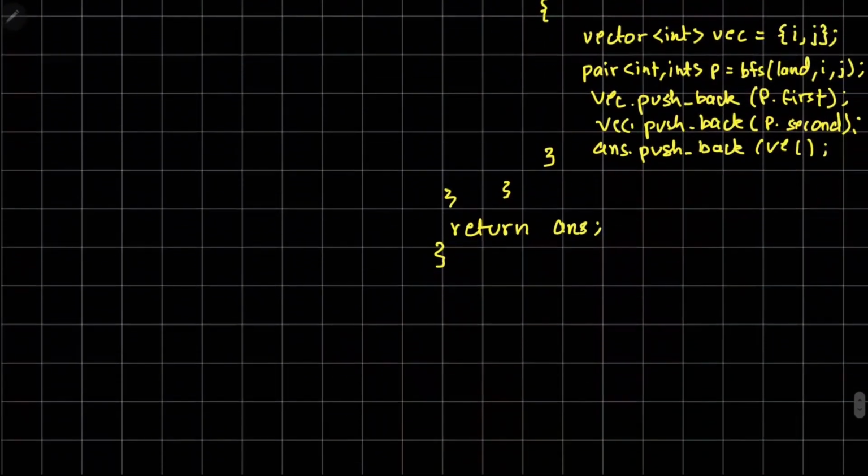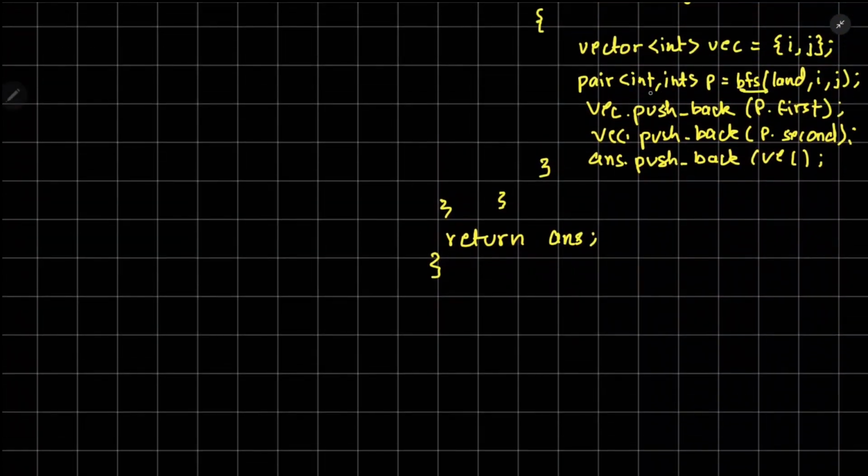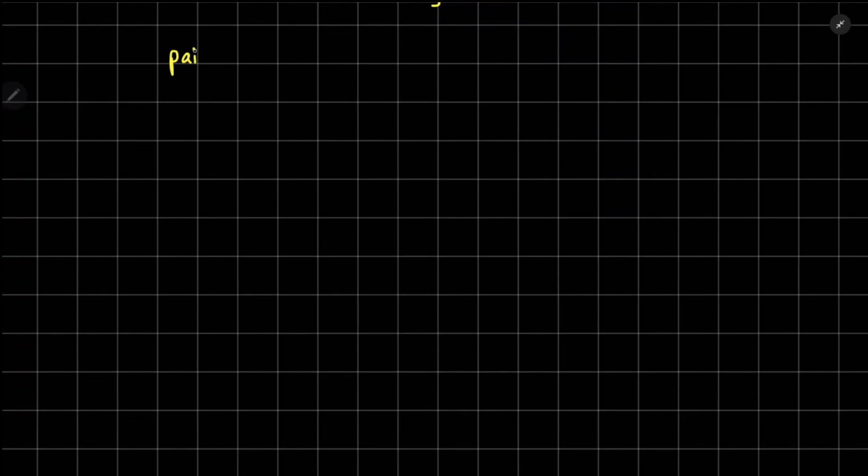Now let's move to the main function of this approach, which is the BFS function. As we have seen, the BFS function is returning a pair, so its return type should be a pair of int. Let's name it BFS. It will have land and the coordinates of the top left one of the group.